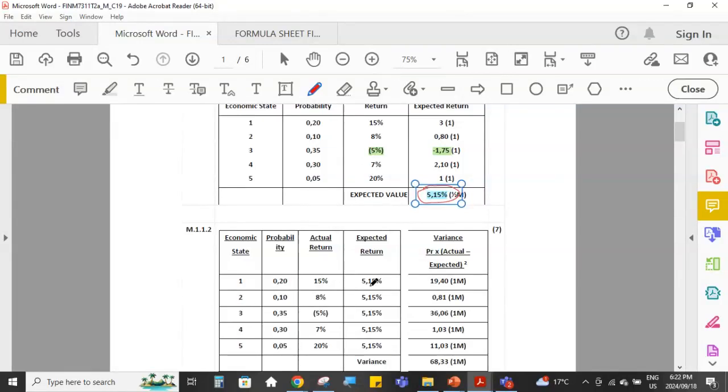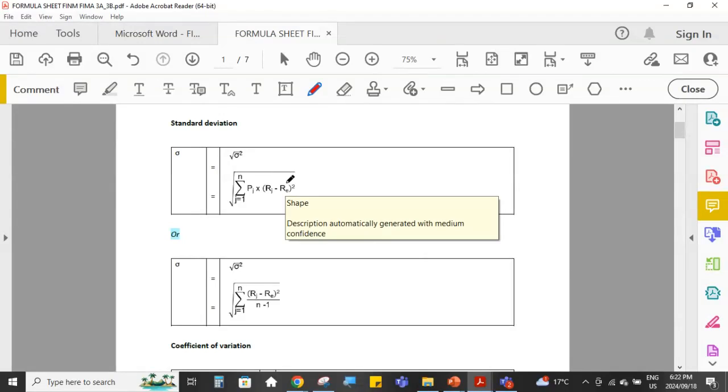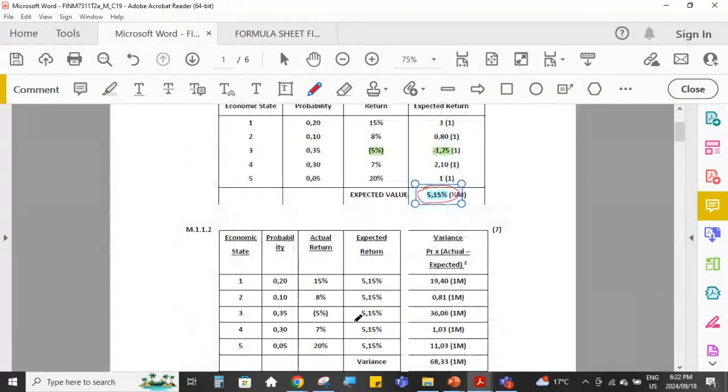Okay, remember our formula says the return of each economic state minus the expected return. So we have got the return of the expected state minus the expected return, and we square that. So this minus this, answer squared, and we write that here.